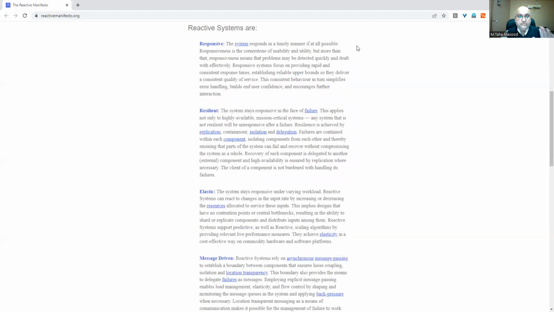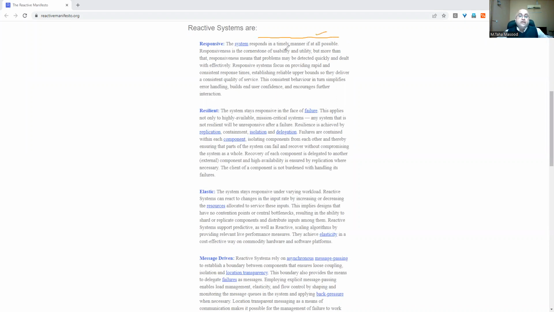Okay, so this is a very loaded definition. Let's break it into parts and study it. All right, so what is it saying really? So what it's saying is, it responds in a timely manner if at all possible.